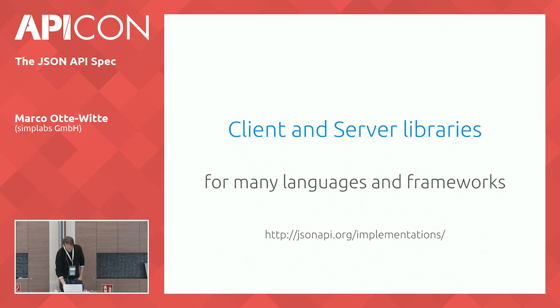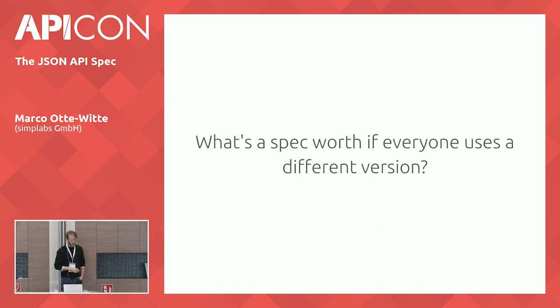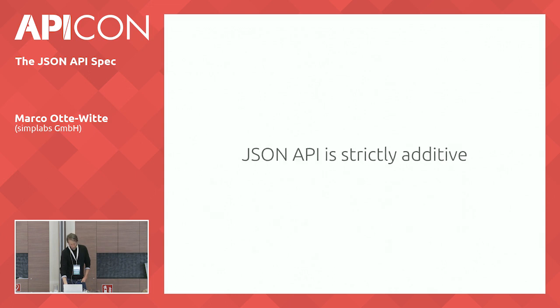I wanted to address version numbers real quick again. Real quick as well, because obviously what's the spec worth if everybody implements a different version of it, right? You would end up in a situation where nothing is compatible again, because everybody expects or exposes a different version of the spec. JSON API's approach to that is pretty simple. It's strictly additive.